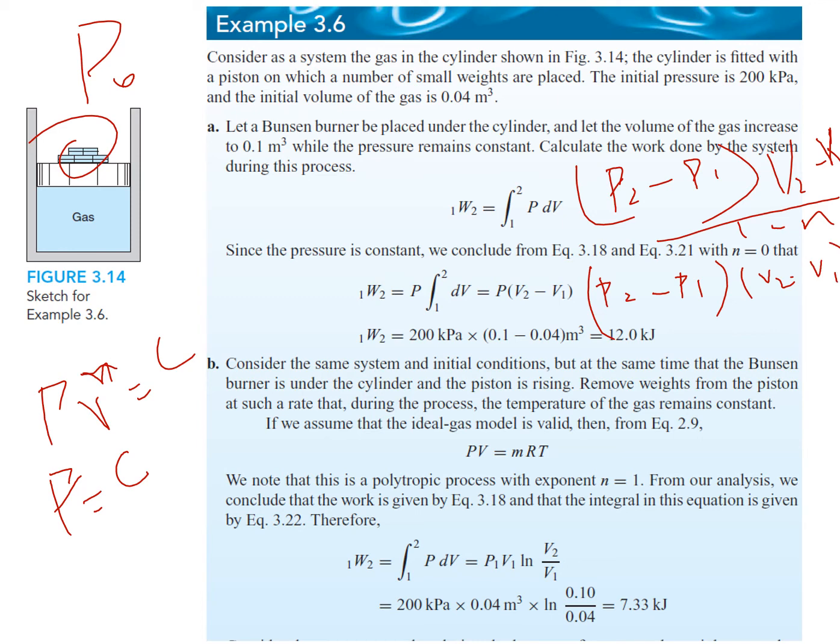And since P2 is the same as P1, it will take this form, P into V2 minus V1. And we already know that the value of pressure is given, volumes are given, so we can calculate the value.